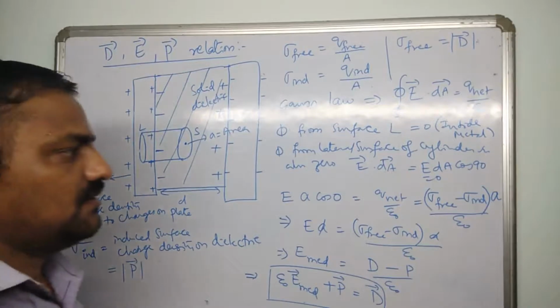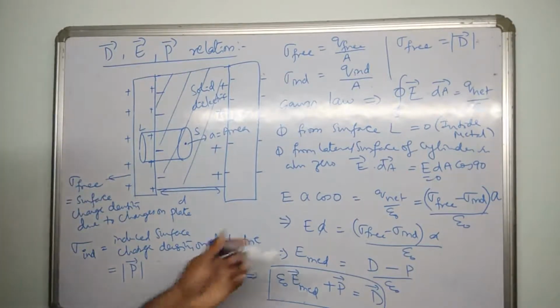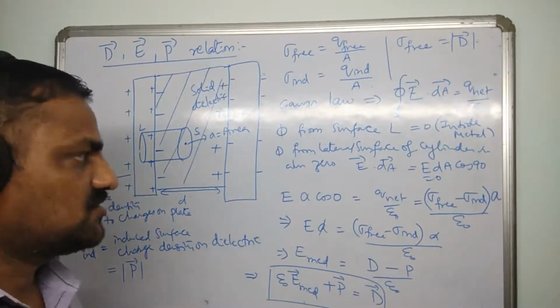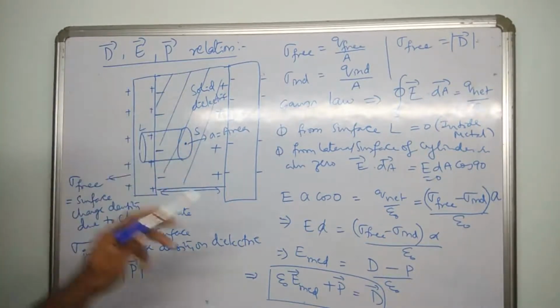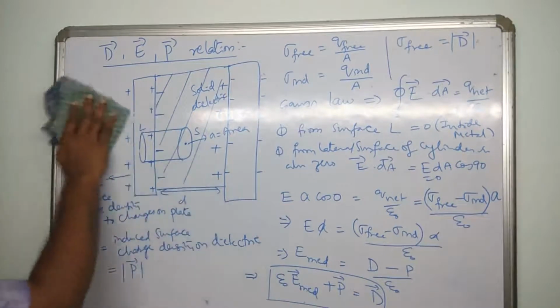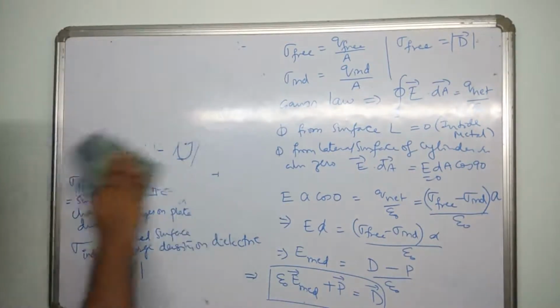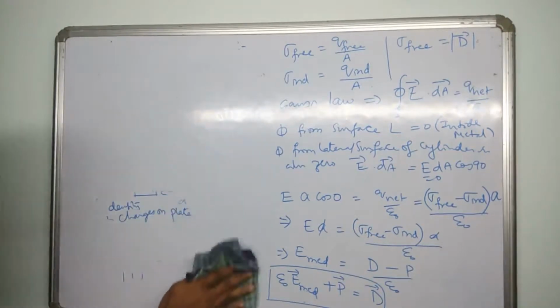This can be further extended to derive the dielectric constant. Let me derive the dielectric constant also. I will erase this portion and use this result. What is the dielectric constant? I'm going to derive it here.